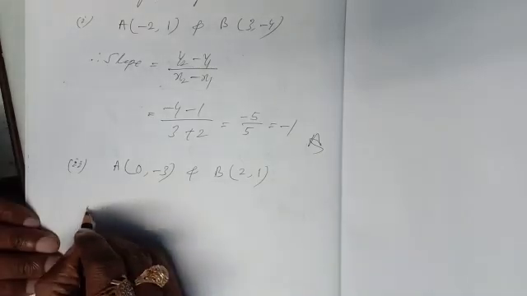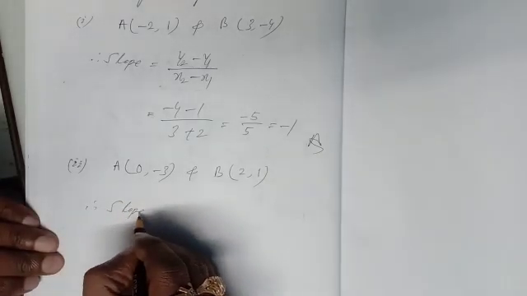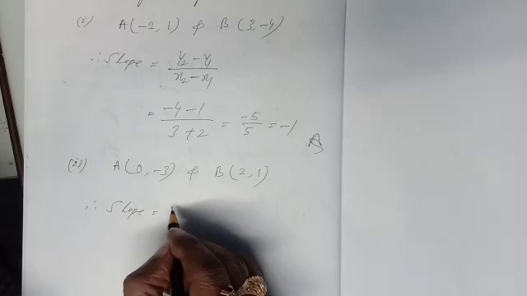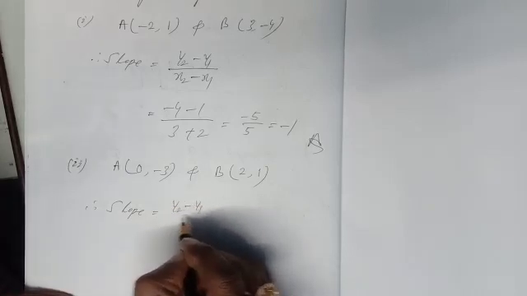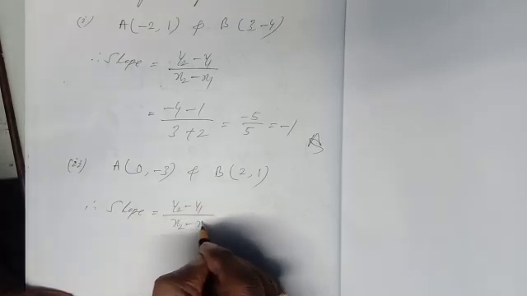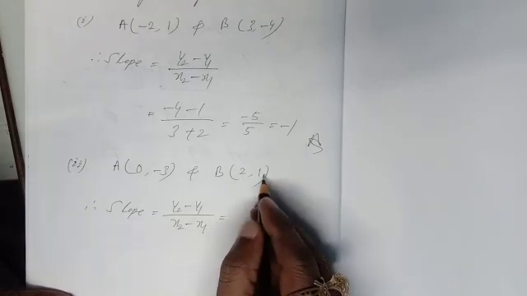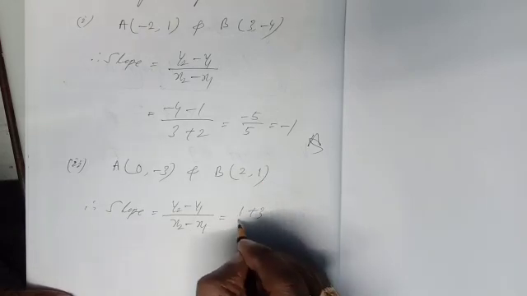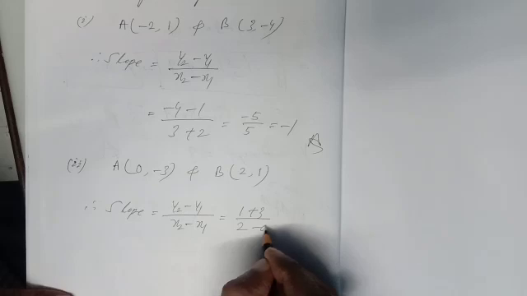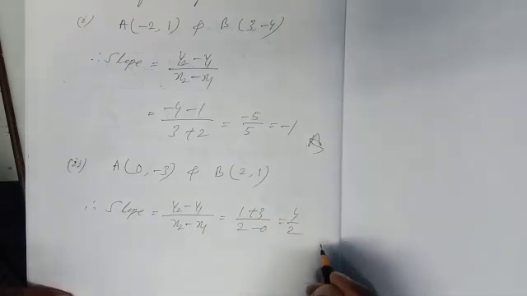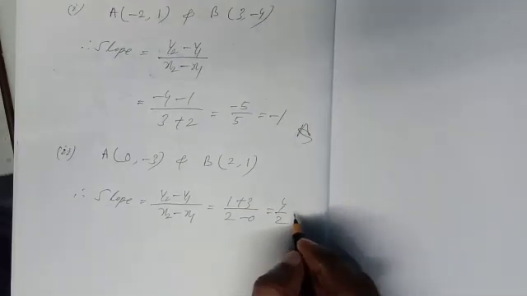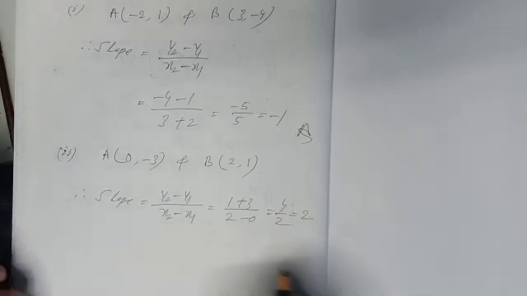Therefore slope is equal to, write the formula first, y2 minus y1 by x2 minus x1. The y2 is 1, so this will be plus 3, by 2 minus 0. That is 4 by 2, which is 2. The slope is equal to 2.